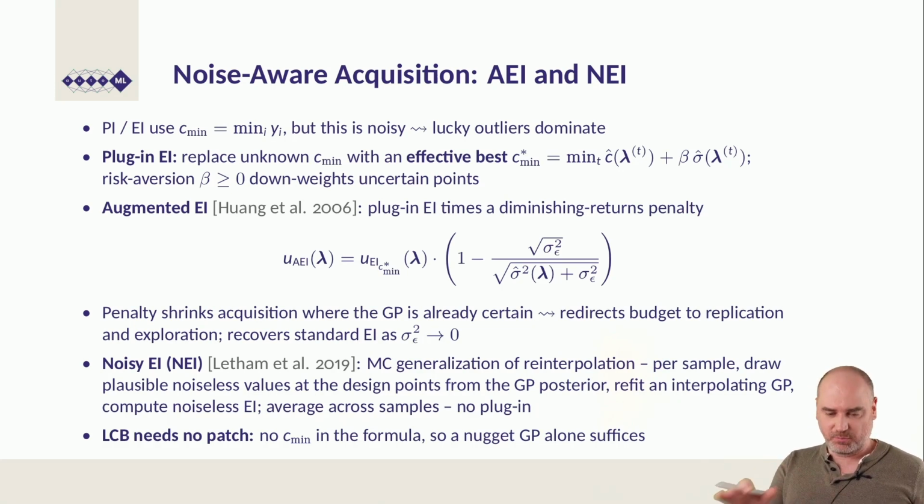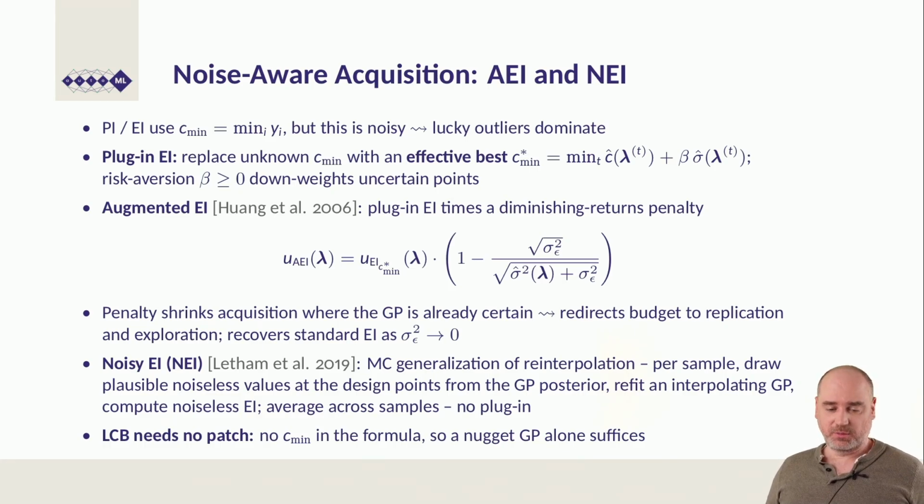This gives us a complete EI function across the whole design space. And then we do this multiple times, and we average all of these functions to get this noisy EI average version. And then we would optimize that. Of course, you can see this is somewhat more expensive because you have to do multiple samples from your GP and multiple refits, but this gives quite good results in practice.